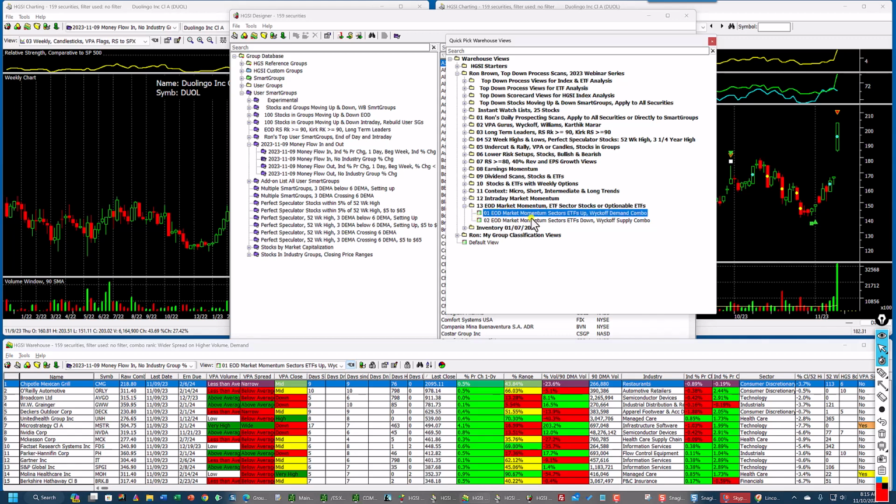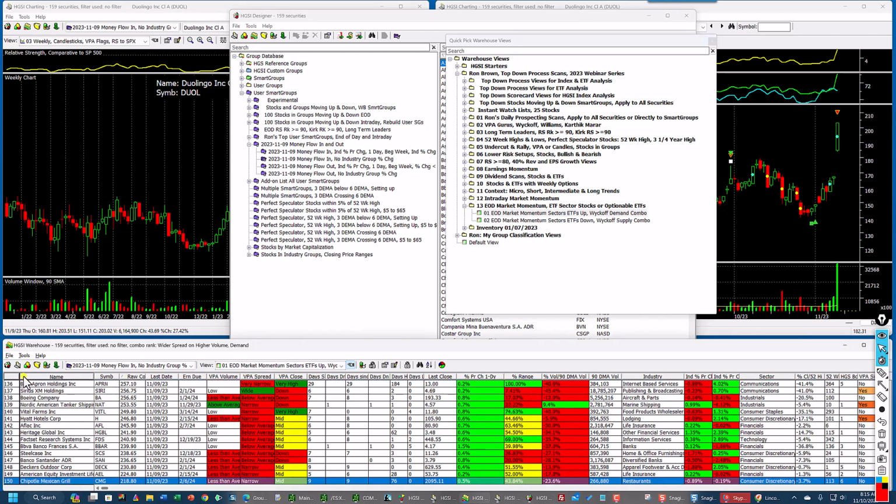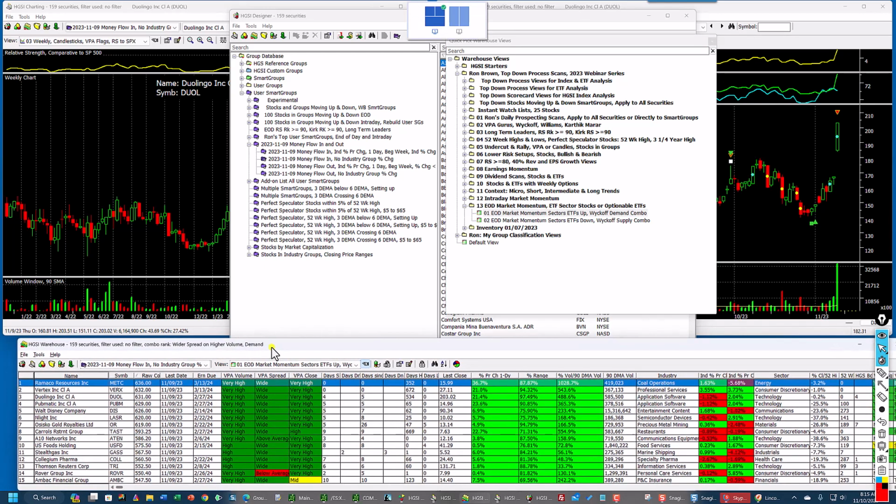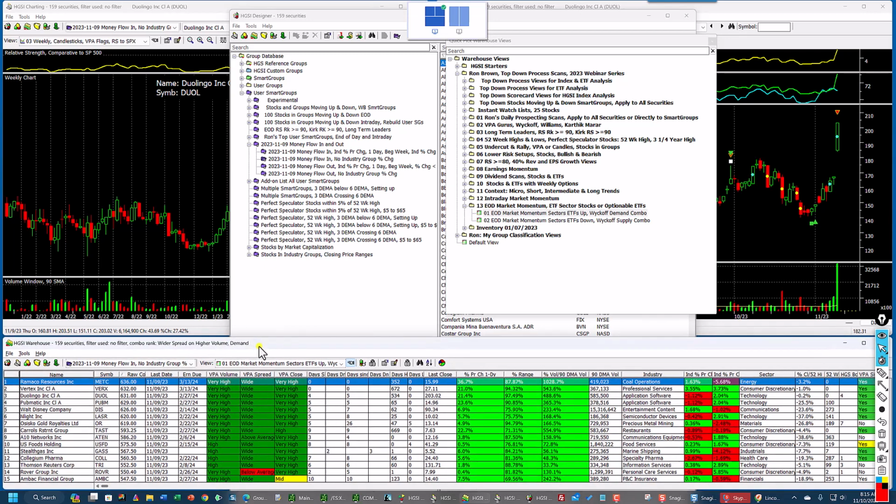These are the end of day market momentum sectors up with the Wyckoff demand combo, and I also have ETFs in here. You can see by sorting on raw combo, which is higher volume demand. This is what I call my Wyckoff demand combo.